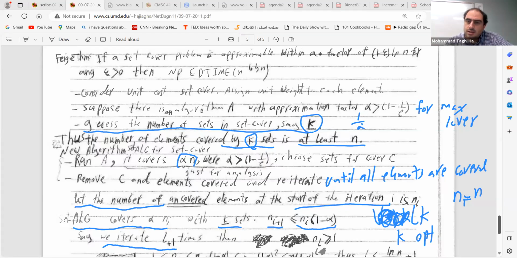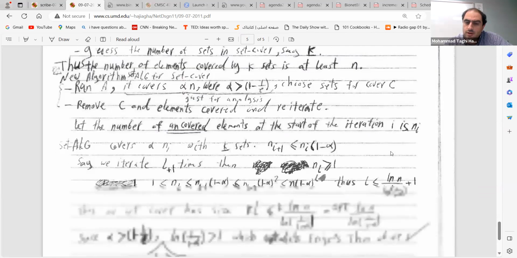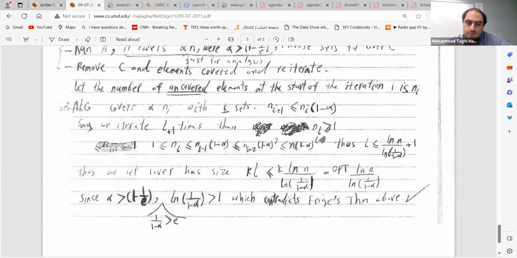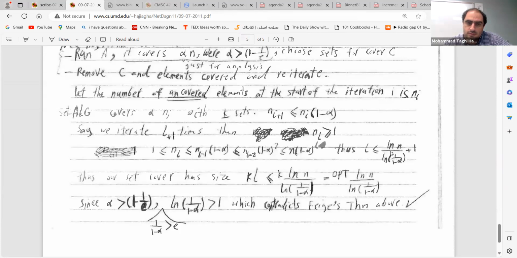Okay, so let me clear everything, and then I think we are in good shape now. Let me just write some formulas. Now, I know that n_L is greater than 1 here, as I mentioned, because we are doing L plus 1.